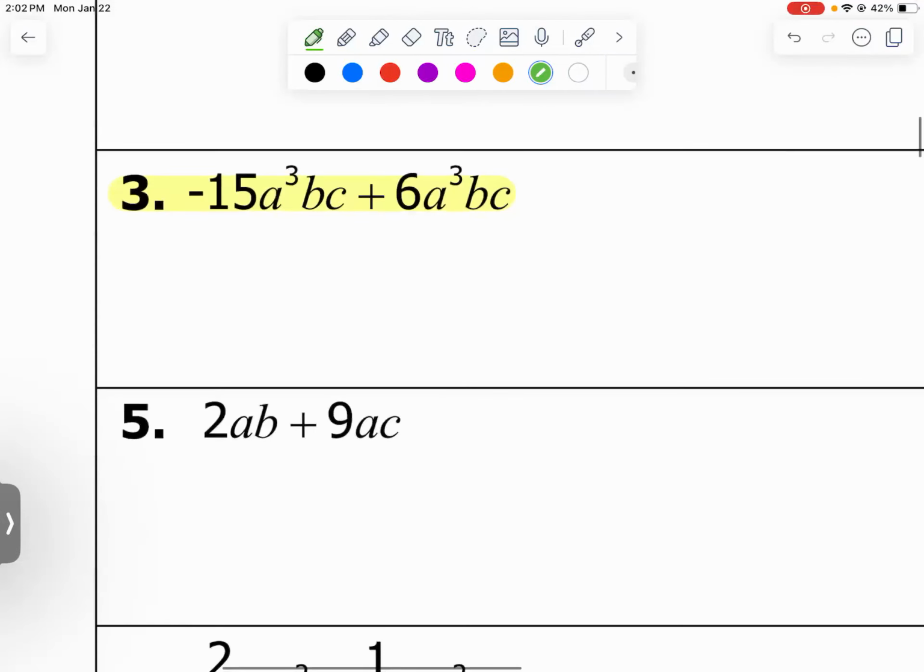So, for number 3. I see some -9a cubed bc. Noah, how did your group get that?